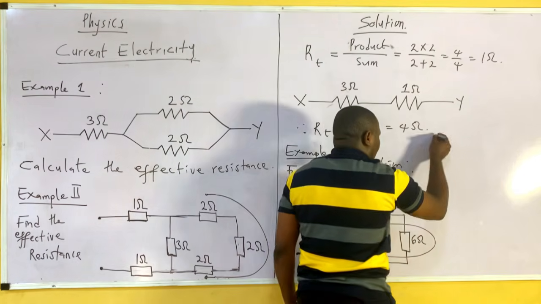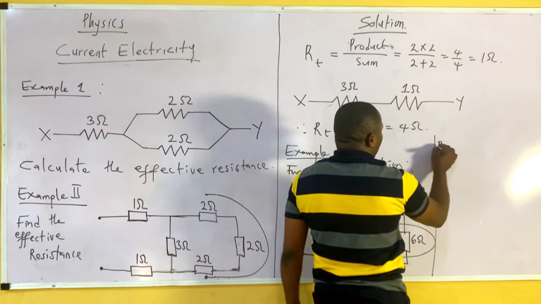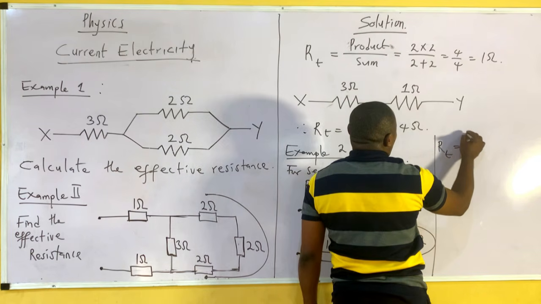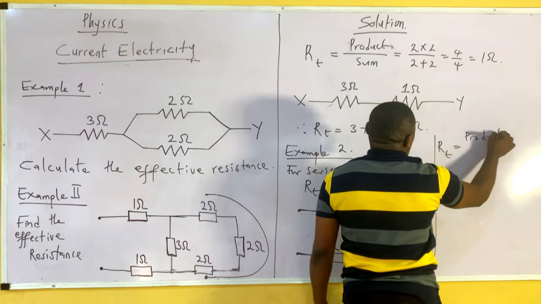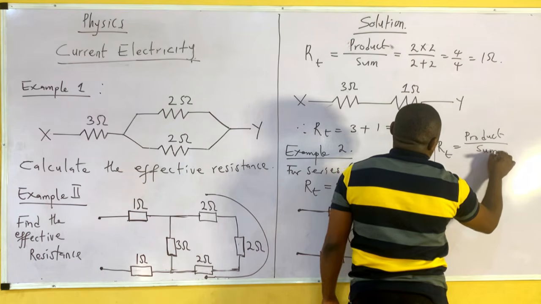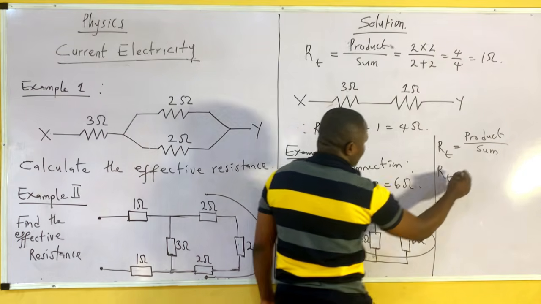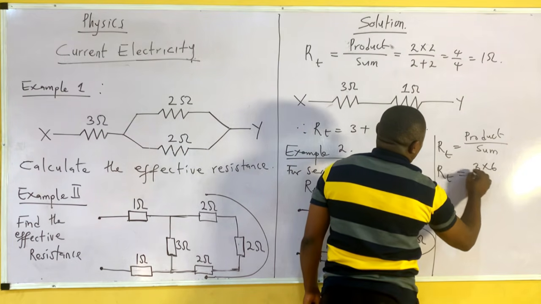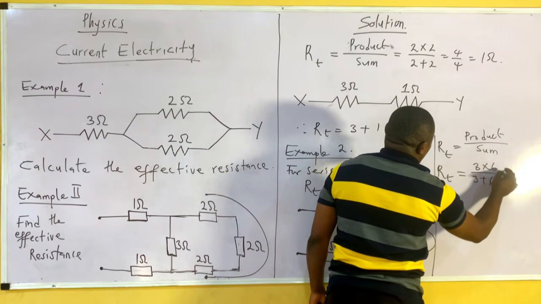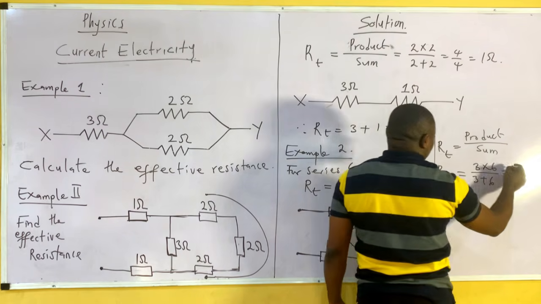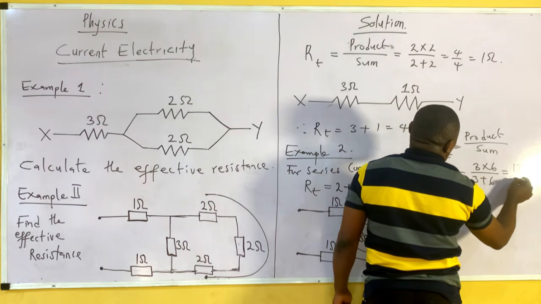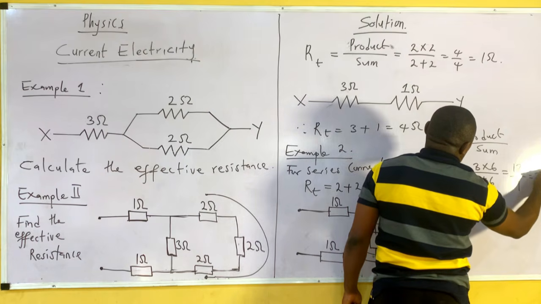To solve for the parallel, I will say R total equals product over sum. So R total is equal to 3 times 6 over 3 plus 6. So this will now become 18 over 9, which is now 2 ohms.